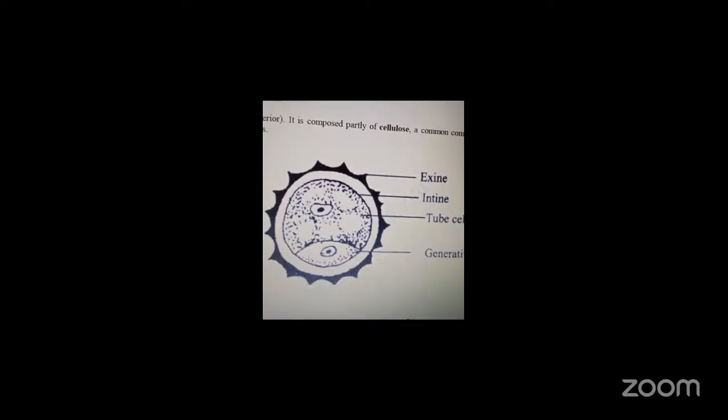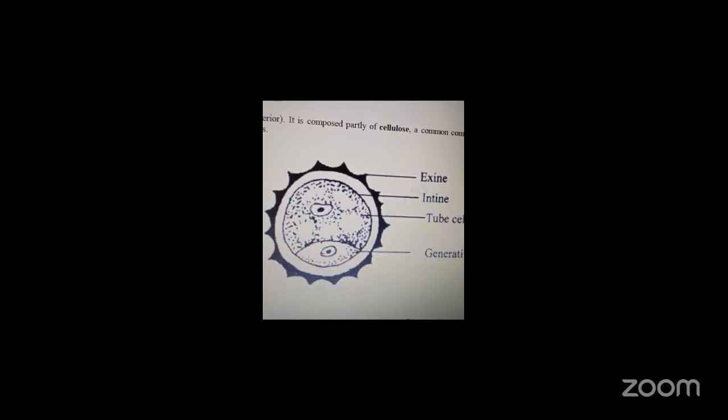These features add to the protective nature of this layer. They also play an important role in the mobility of the pollen grain, making it more likely that they will stick to the legs of insects or catch the wind for pollination. That is the structure of the pollen grain.